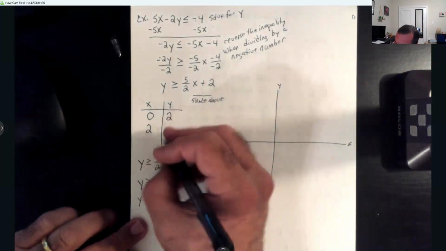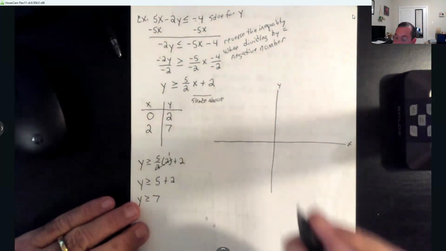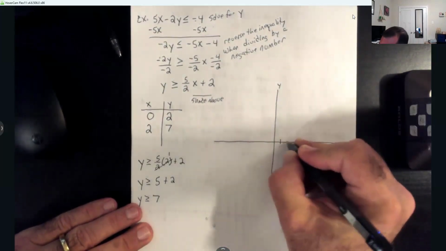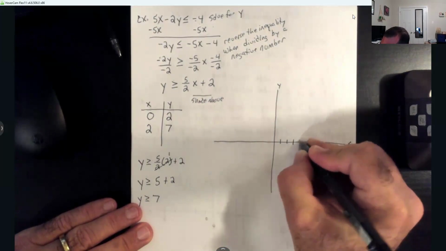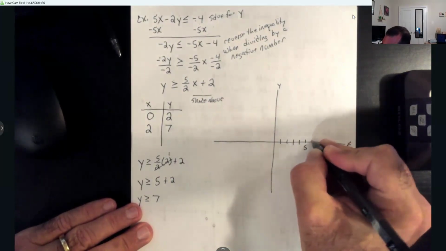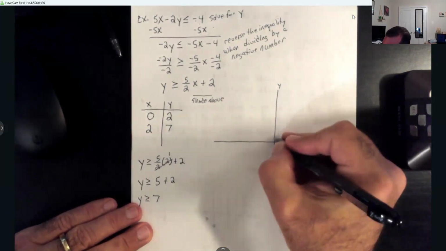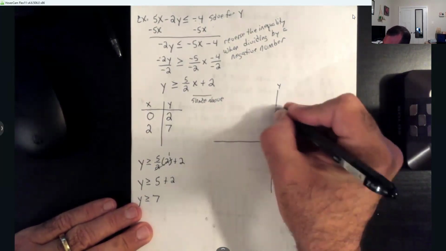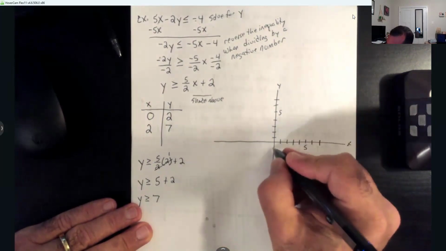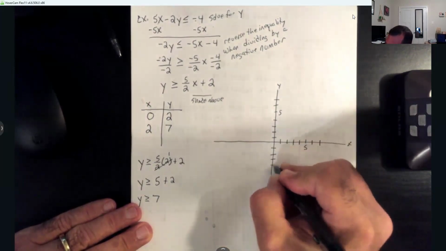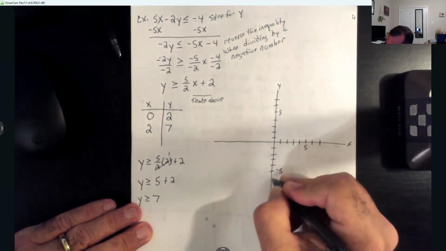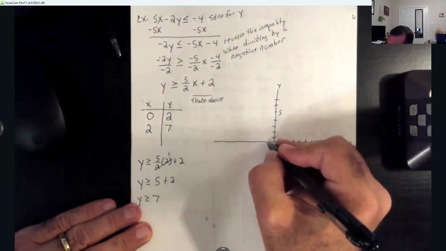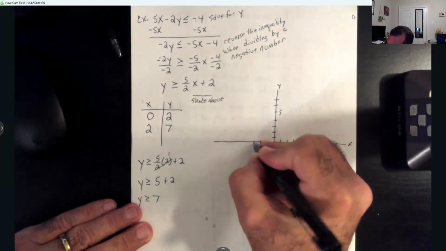So when x is 2, y was 7. So I need to go out just a little further on this one. So I'm going to go to 5, 6, 7. 1, 2, 3, 4, 5, 6, 7. 1, 2, 3, 4, -5, -7, and then out to the left.